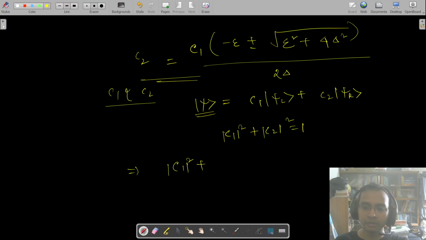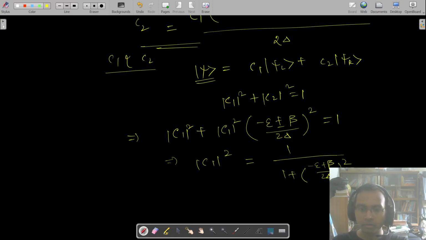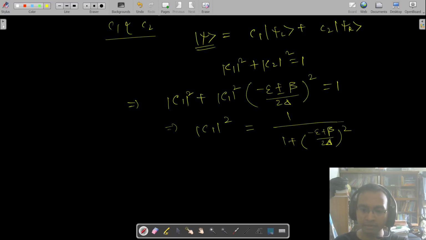If we use that, let's take this thing to be beta for the time being, and this thing squared is 1, then we have |C1|^2 here.